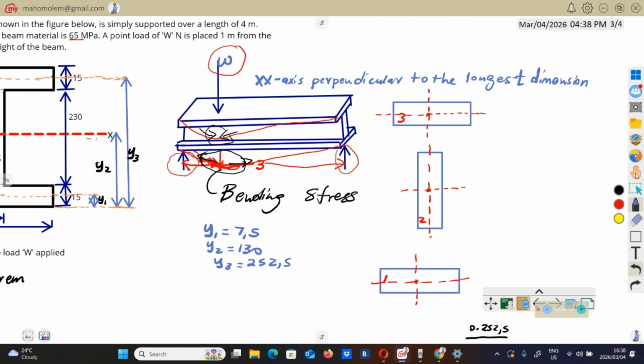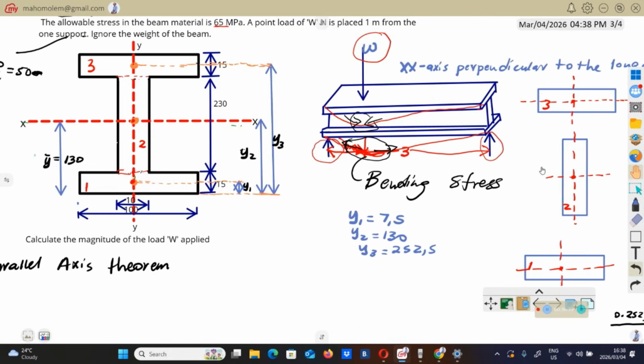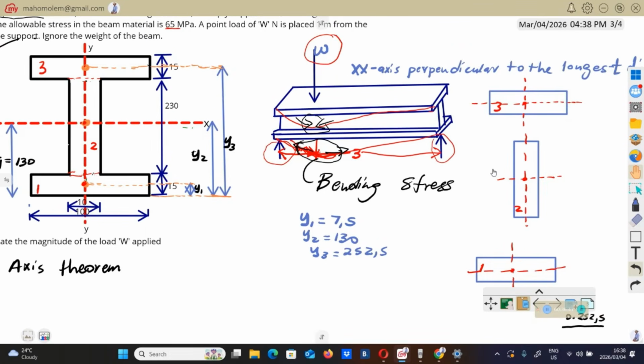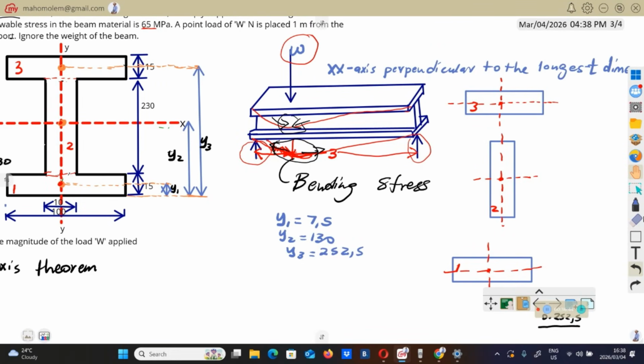Remember this box number 1. Right, this box number 1 is the same as this one. So this side at the bottom here is going to be from here to there.